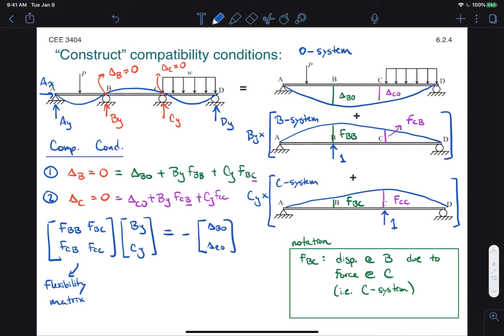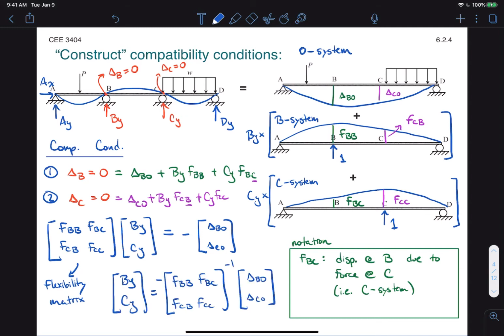So essentially all we need to do is divide by the flexibility matrix, multiply it by our deltas to get our By and Cy, which is really what our unknowns are once we get to the compatibility conditions, right? So the vector of By and Cy is equal to negative the inverse of the flexibility matrix times our delta vector, okay? And this is an operation you can do pretty easily in a scientific calculator or in MATLAB to solve.